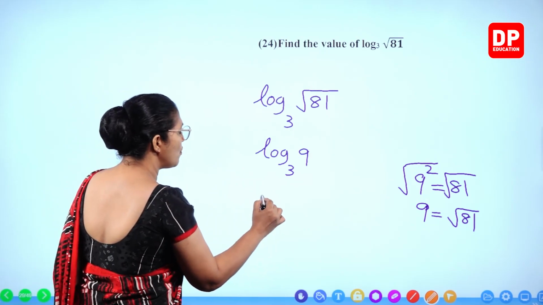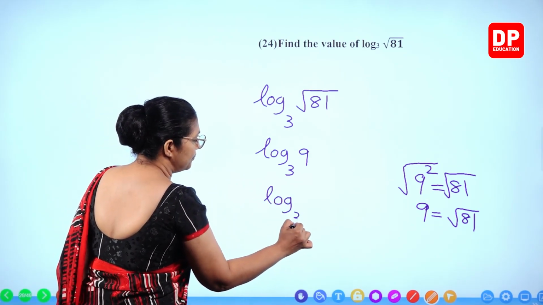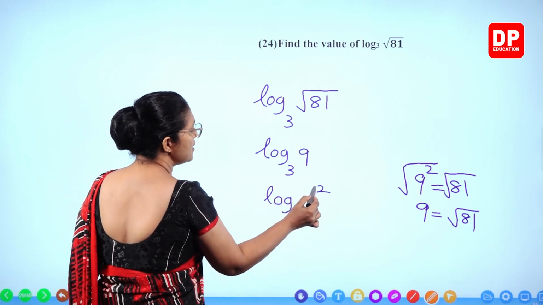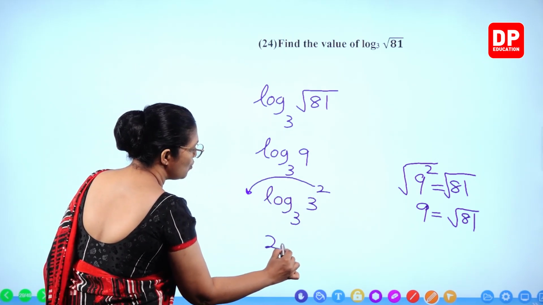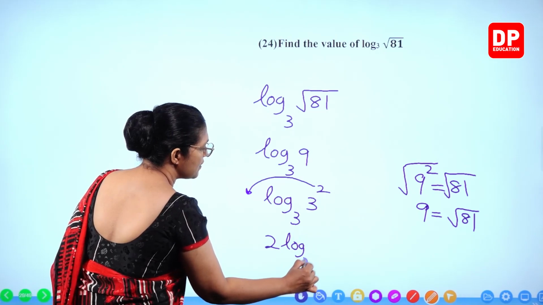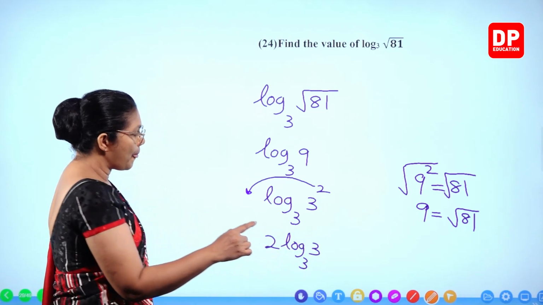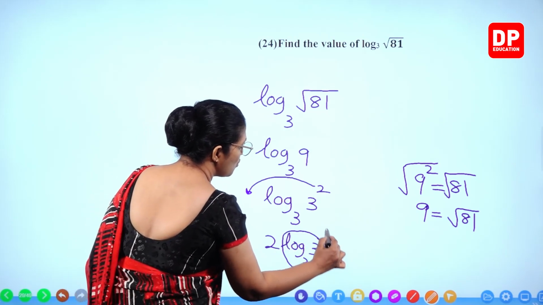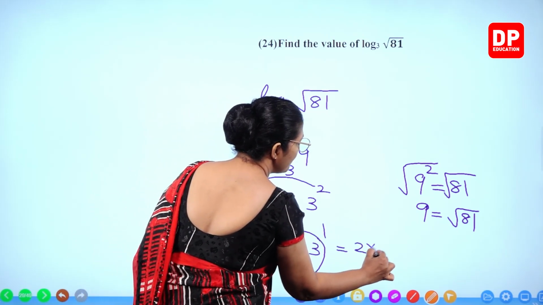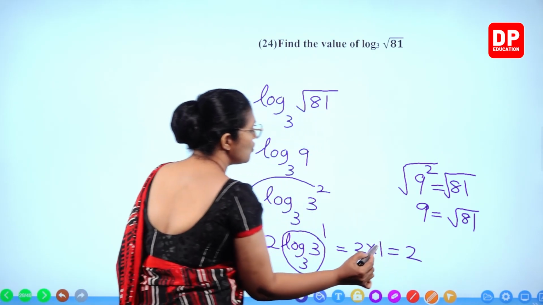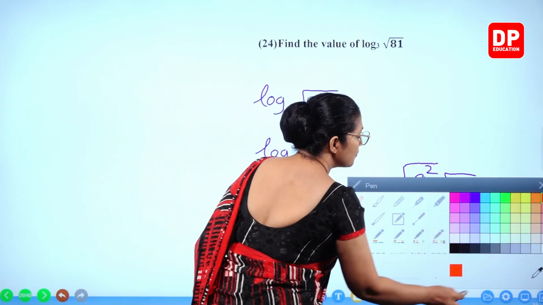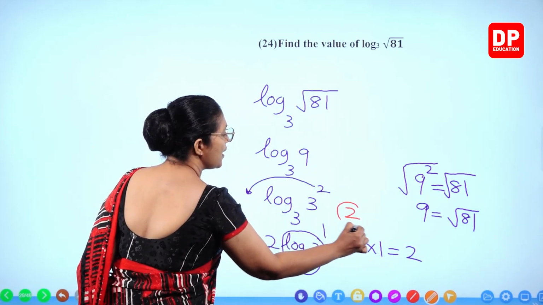But 9 you can also write as 3 squared. Now you can take 2 outside. 2 log 3 base 3. Same number, same base, you get 1. So this part is 1. So 2 times 1, answer is 2. So you get 2 marks for that.